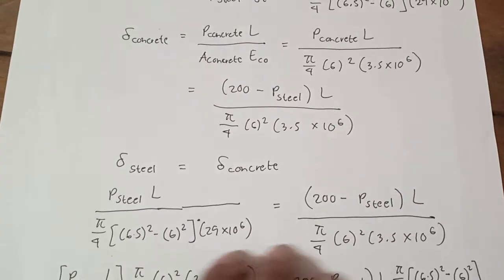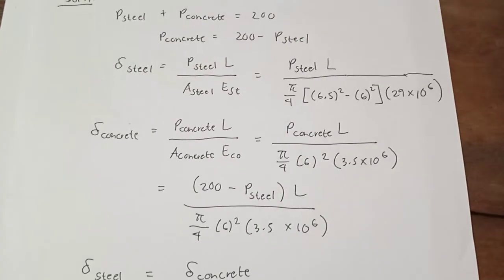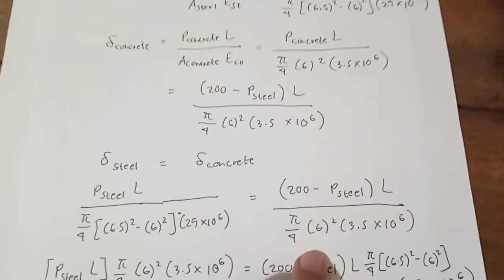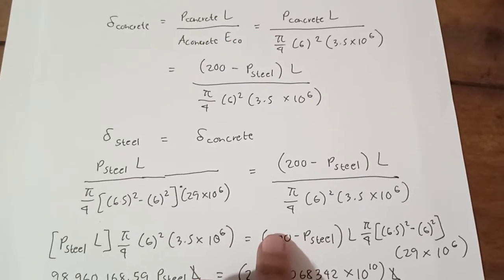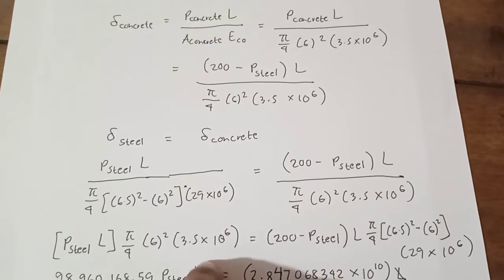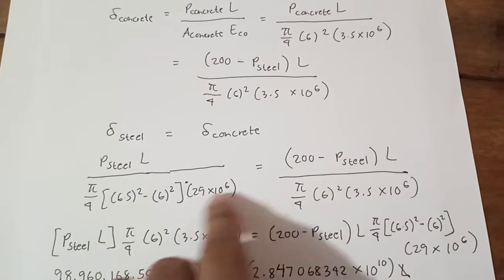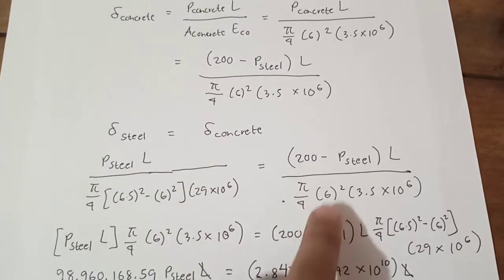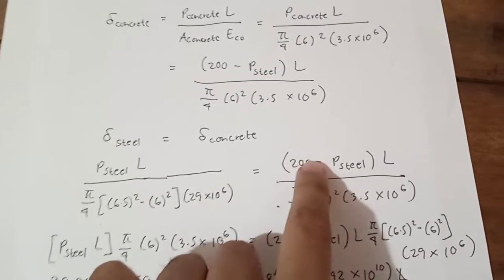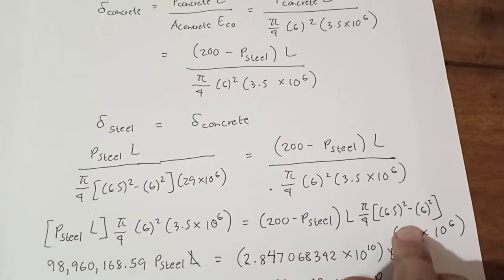So this is the equivalent for steel and concrete, respectively. From the new equations we formed, we equate them. By cross multiplication, we multiply this by this and this by this, so we get this problem.